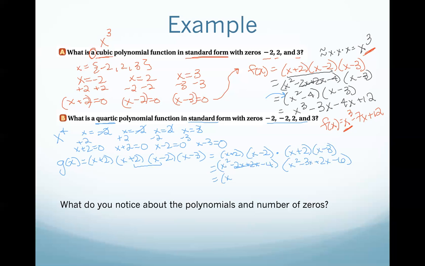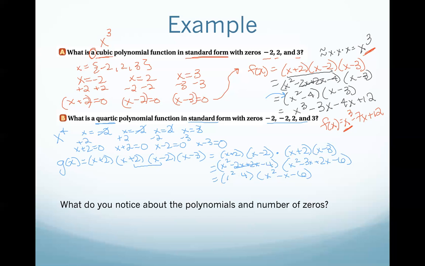So we have x squared minus 4 times x squared minus x minus 6. Now we have to distribute again. Notice I'm not using the word FOIL because it's not going to be first, outer, inner, last. I have a third term, a middle term, in one of these factors. So instead of FOILing, we're going to distribute this.